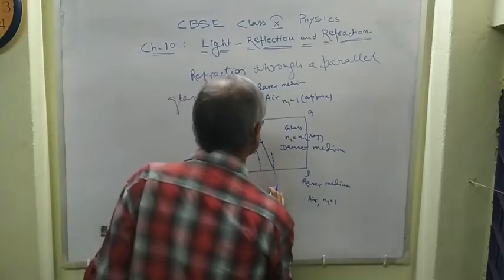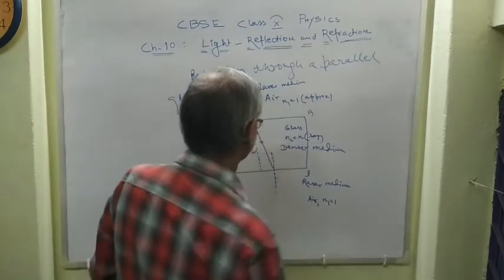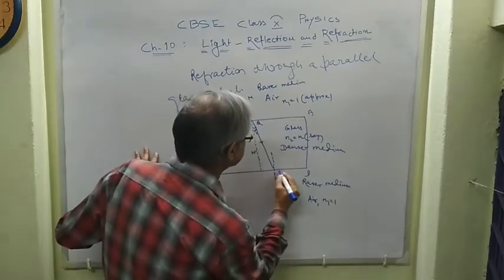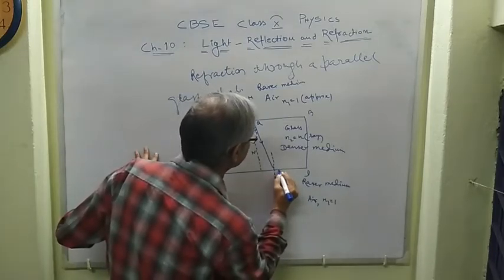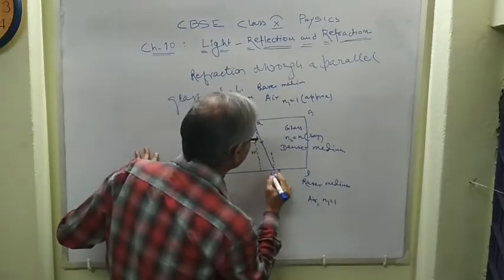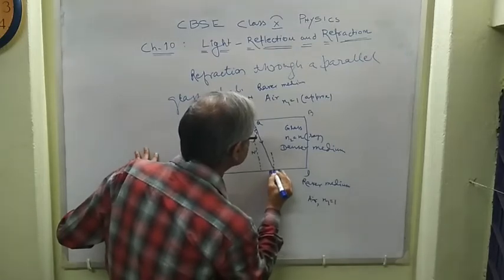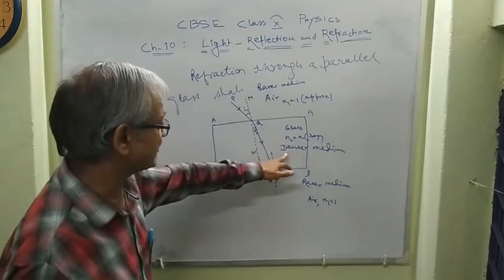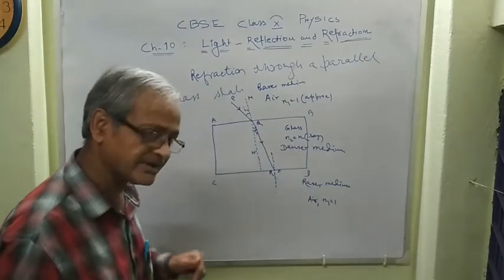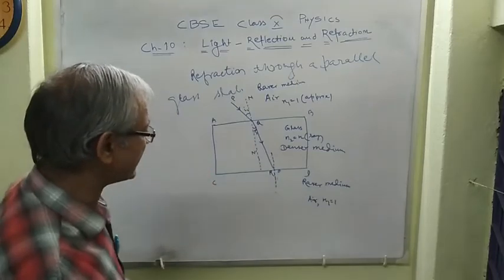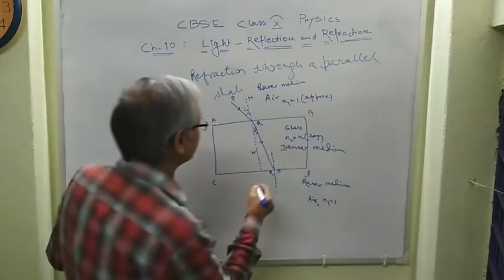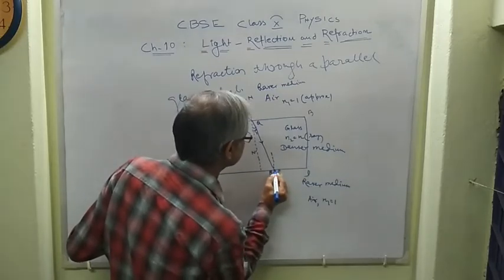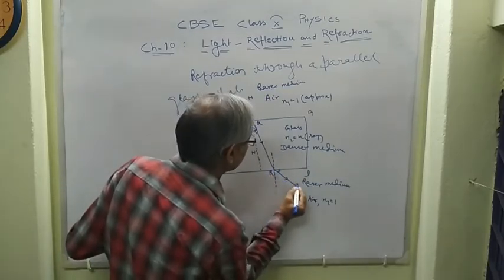Now, since light rays are refracted at the face CD at point R, and the light rays coming from denser medium are refracted into the rarer medium, hence the refracted ray bends away from the normal at R on the face CD, RS.